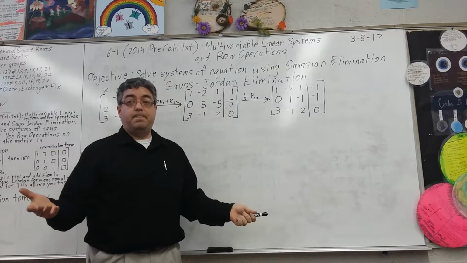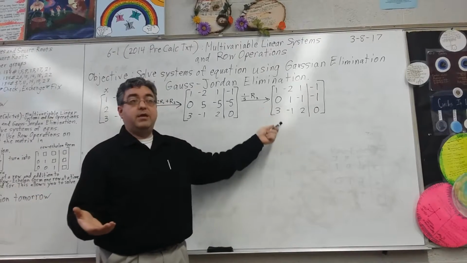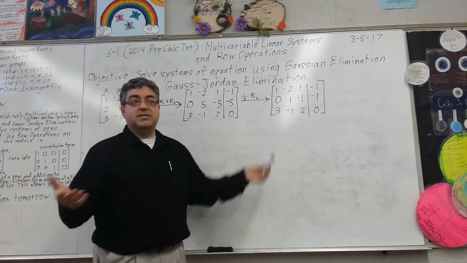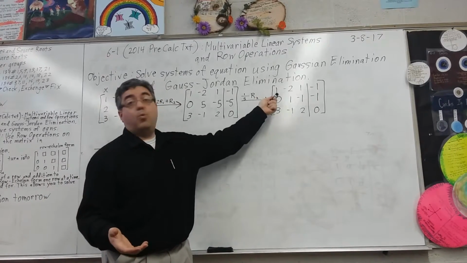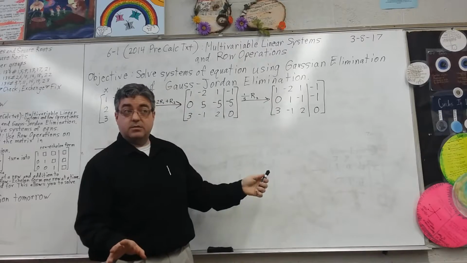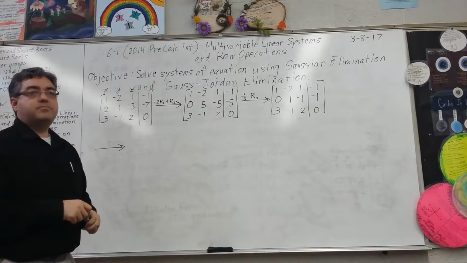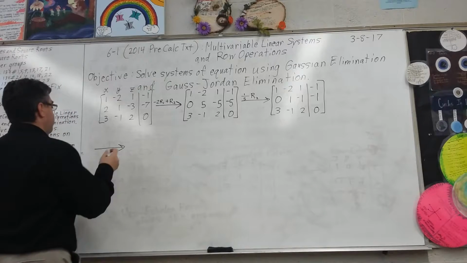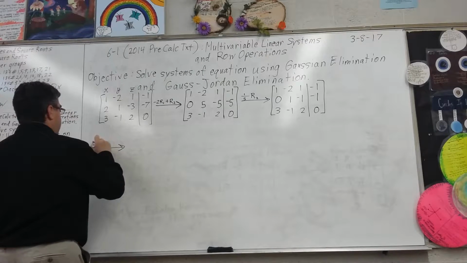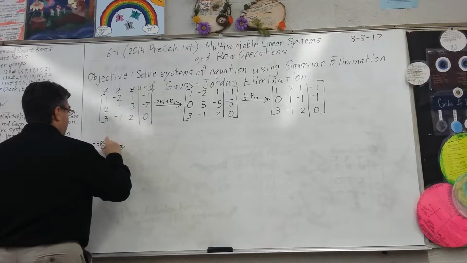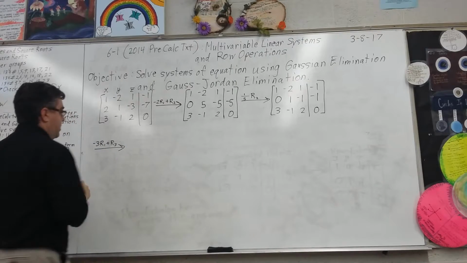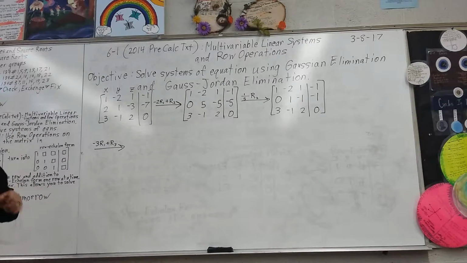If I don't have -3, I can't add these and get 0. So I'm going to use row 1. Does that make sense? Yeah. Okay. So what do I multiply row 1 by? -3. So that'll be -3 times row 1 plus row 3.